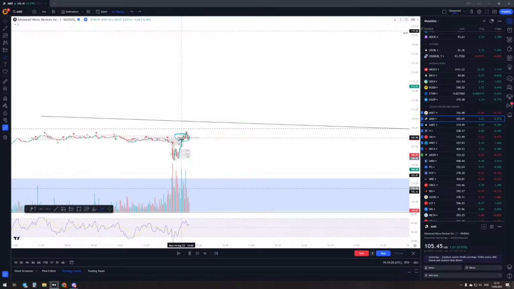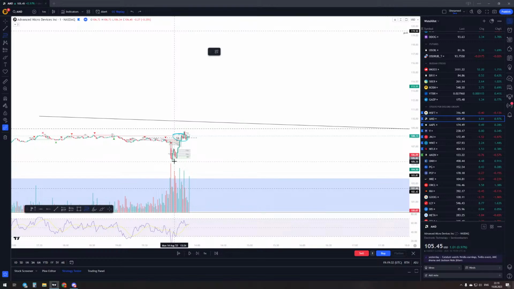Also, you could have entered still here, because as you can see, here we didn't even touch the discount market. We're still in the premium. This is because price is going aggressive, and we have a raid to grab this liquidity.